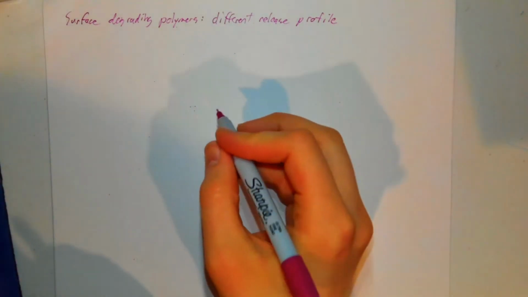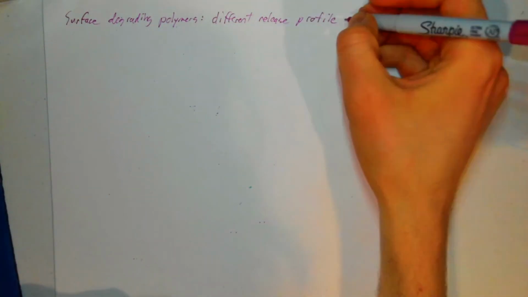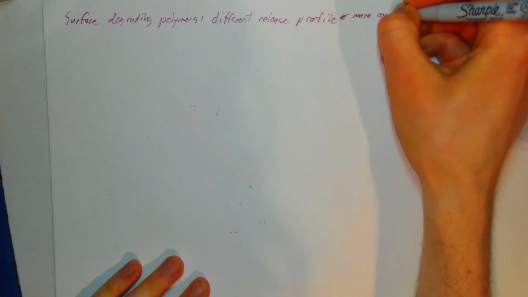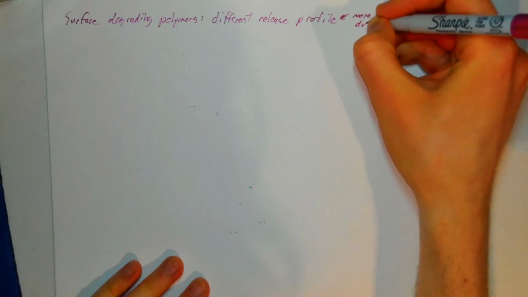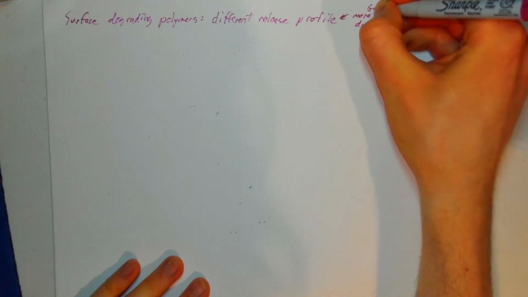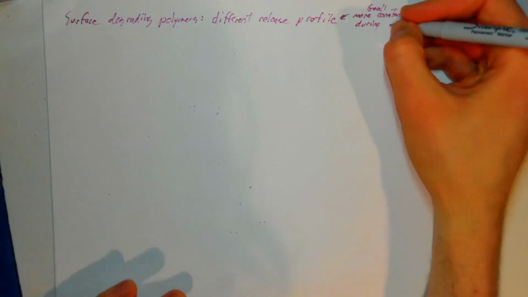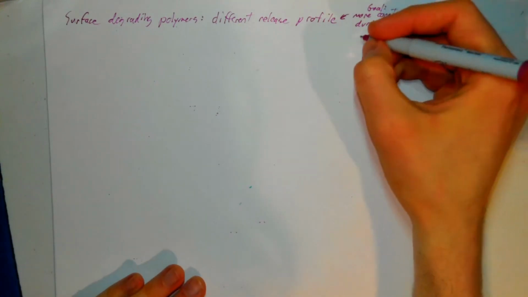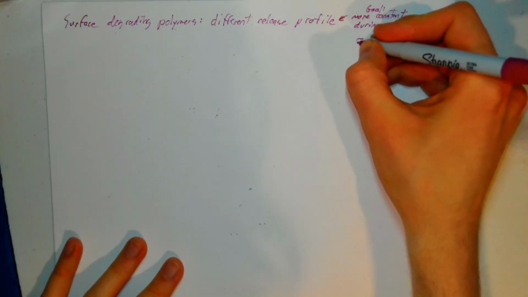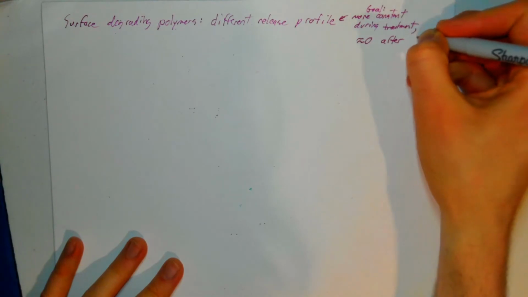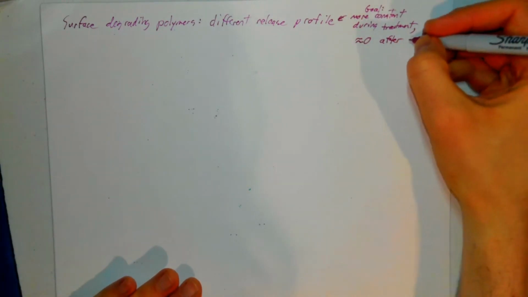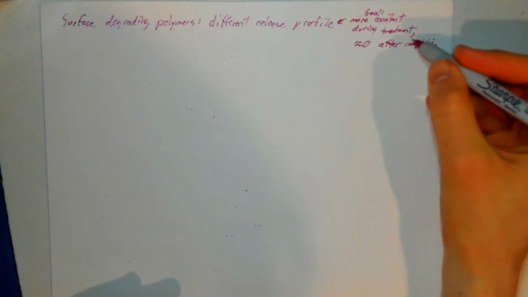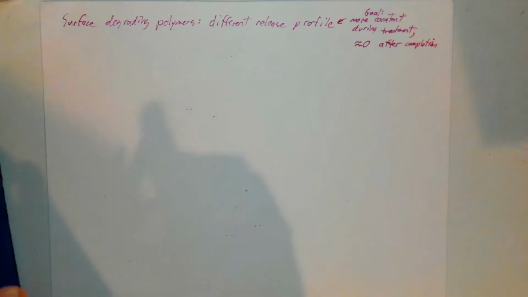Hopefully, we can have a more constant release during treatment, and then closer to 0 after completion, rather than this sort of exponential decay that's always delivering some of the drug to the patient.